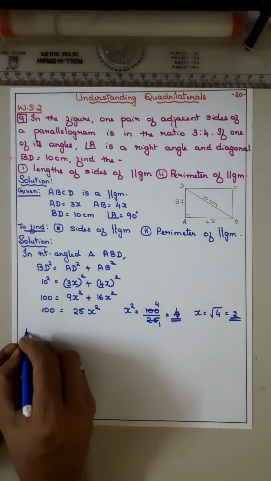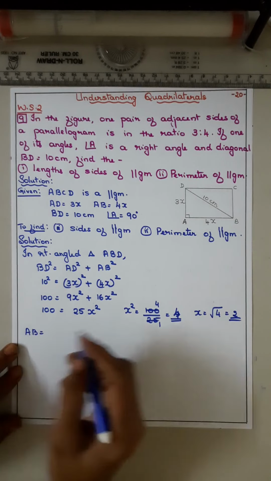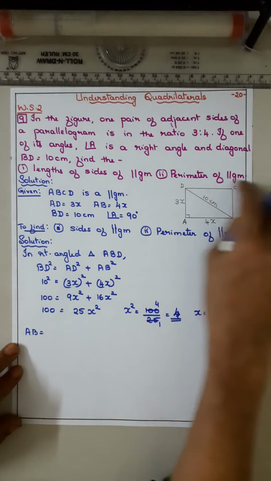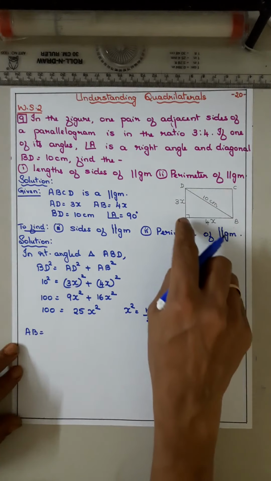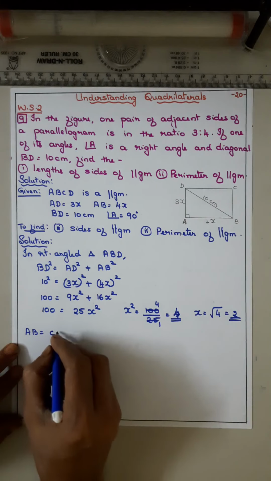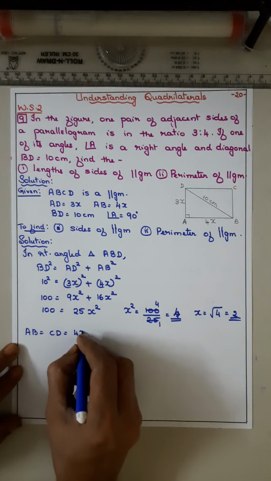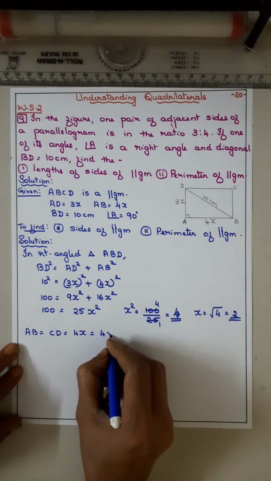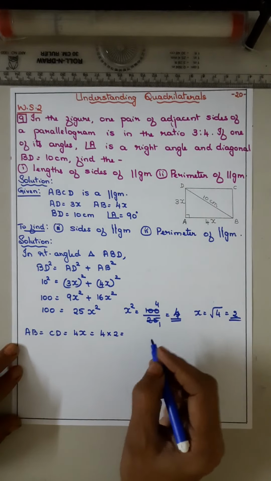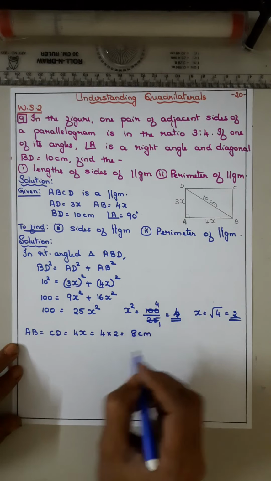Now, AB, opposite, directly you can write AB is equal to CD is equal to 4x, that is 4 into 2, equal to 8 centimeter.